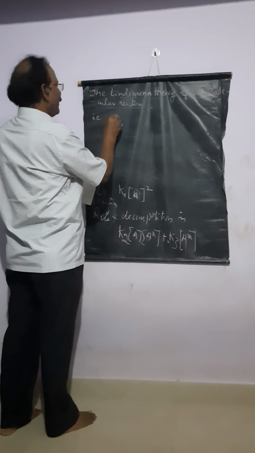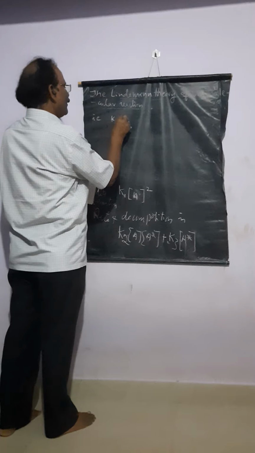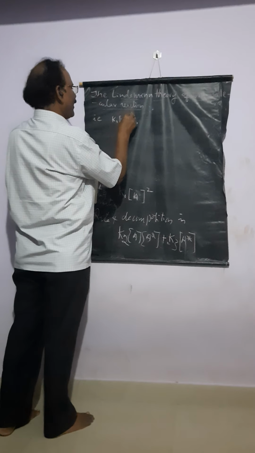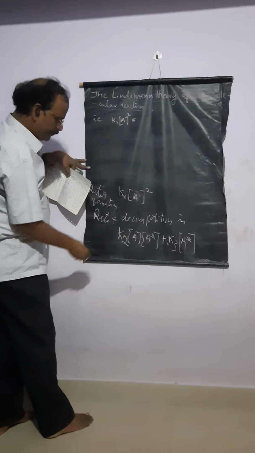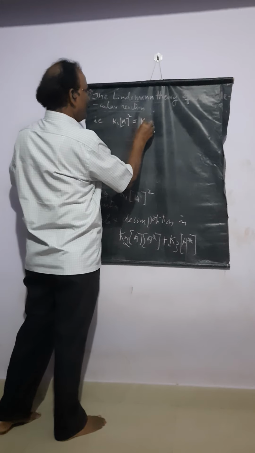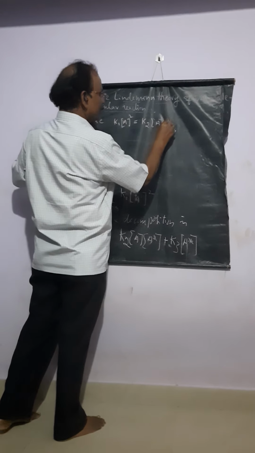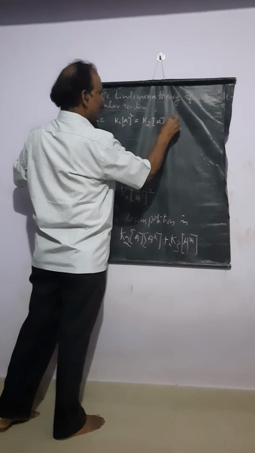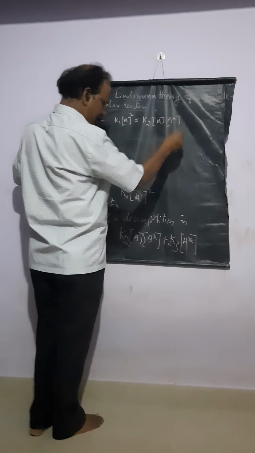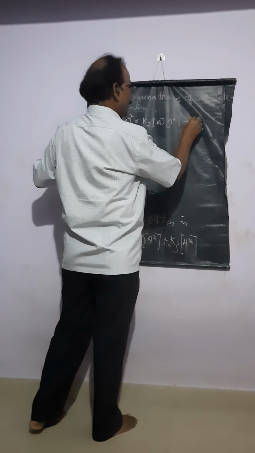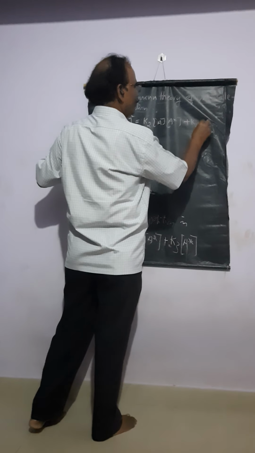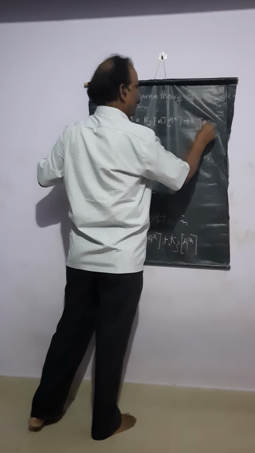That is, K1 into A square is equal to K2 into concentration of A into concentration of A star plus K3 into A star.